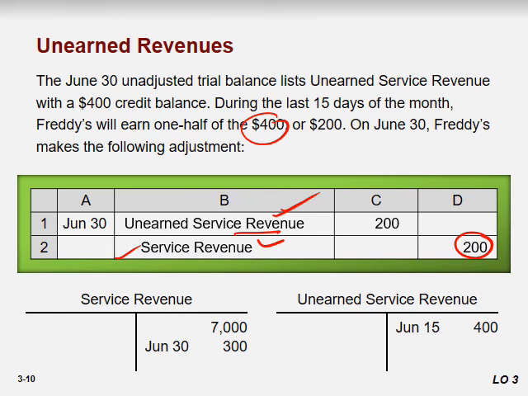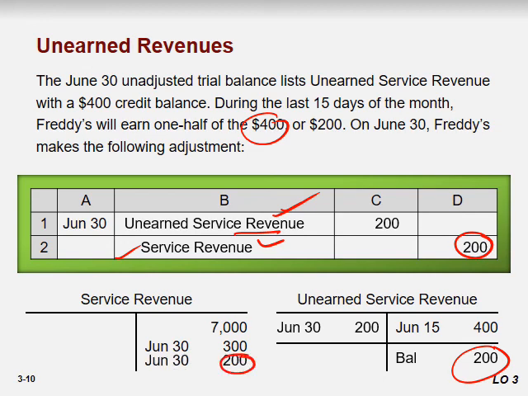So when you post here, it would be 200 here and the balance is 200 here as well, right? And we're going to increase our sales by 200 as well. Good. So don't confuse this with the 7,000 and 300, because they are previous balances.